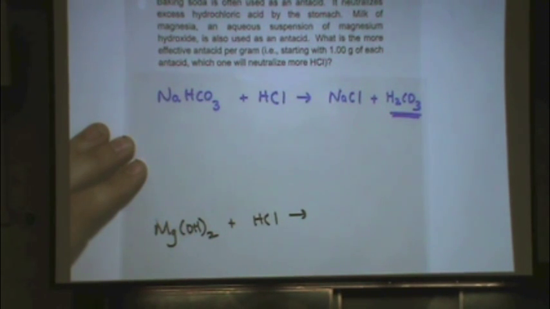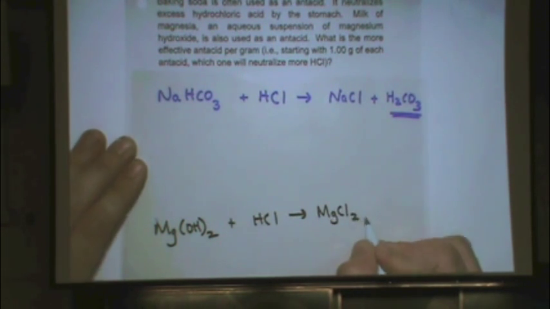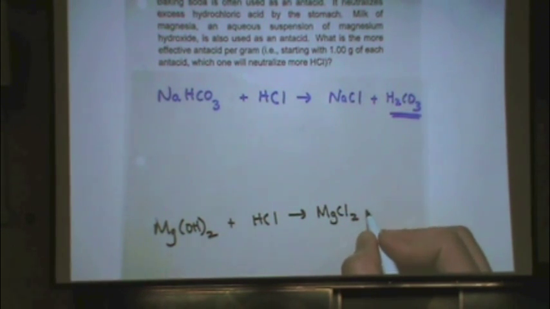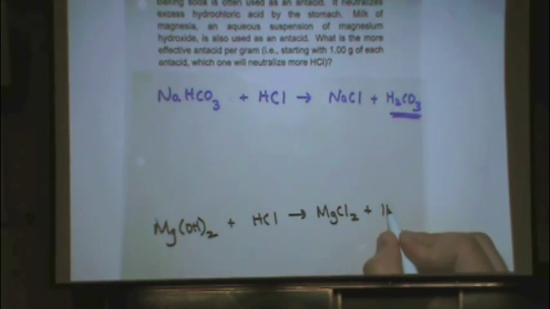This is also a double replacement. Two ionic compounds and the aqueous acid, a strong acid counts as well in the double replacement. So we'll get MgCl2 and we'll get HOH, which I would call water.